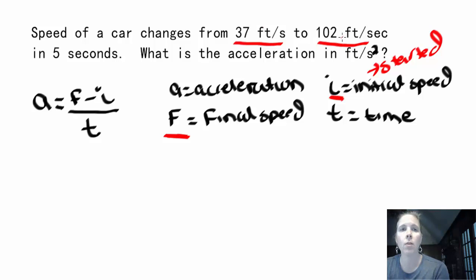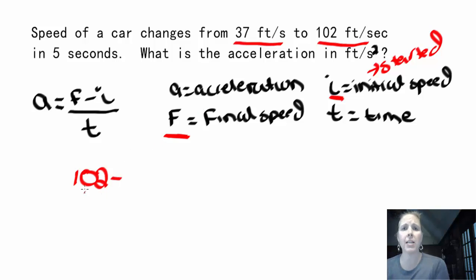So it says it changed from 37 to 102. I think I wrote that backwards. So the final speed was 102. Sorry, I wrote it backwards on my paper.